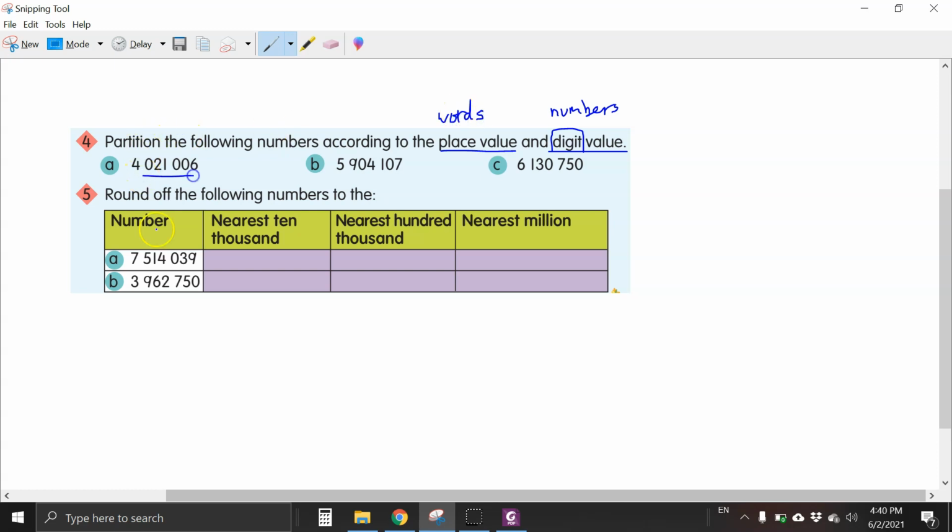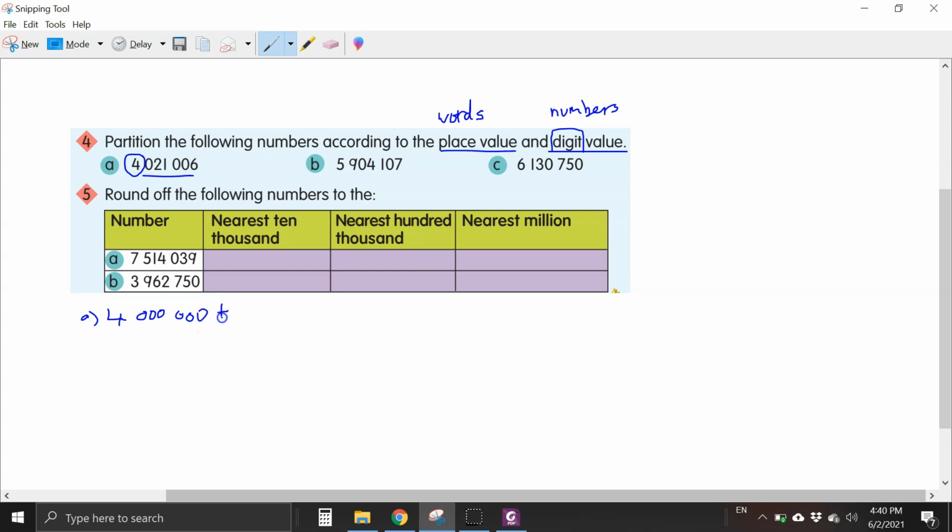Okay, let's look at A first. Partition or cerakinkan according to the digit value. So we start from the first number. Now this 4 here is 4 million. Why? Because there are 6 numbers behind it. So we have 6 zeros behind 4 to make it 4 million.